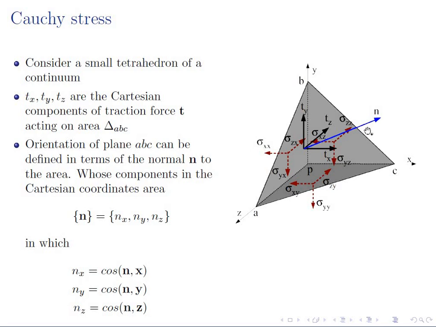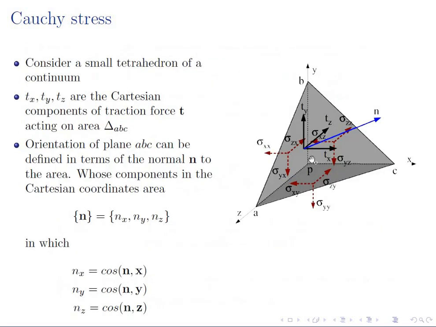And let n be the normal to this area A, B, C. The orientation of plane ABC can be defined in terms of the normal, and this normal can again be defined in terms of the Cartesian coordinate system. So nx, ny, and nz are the x, y, and z components of the normal vector.